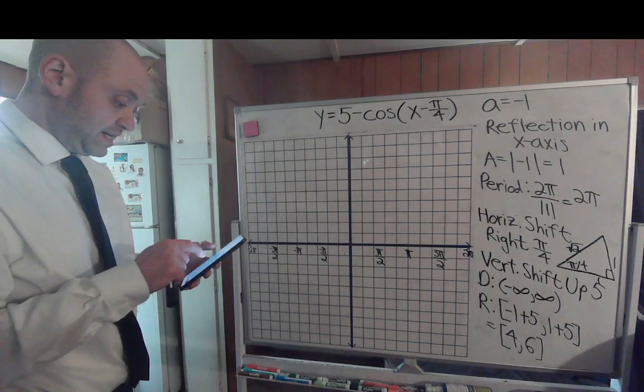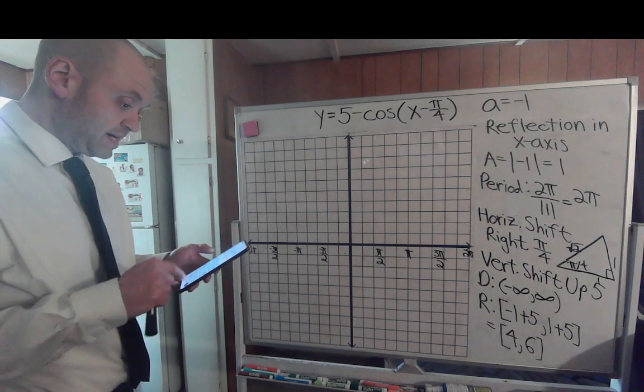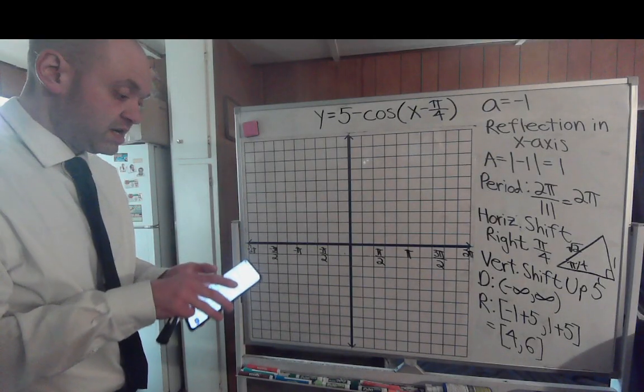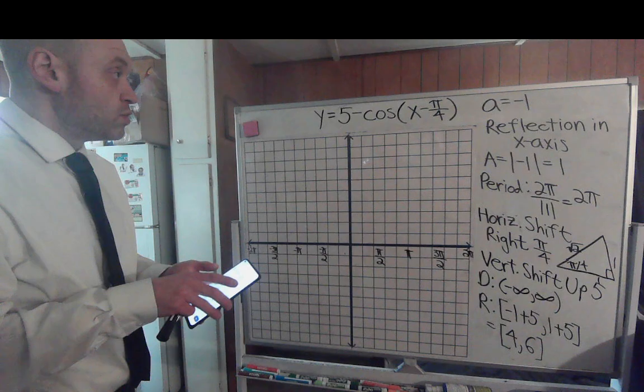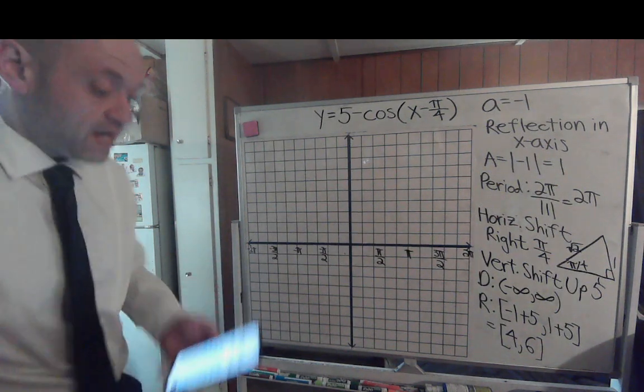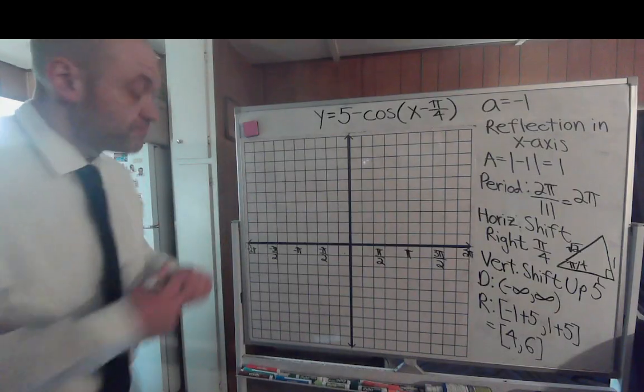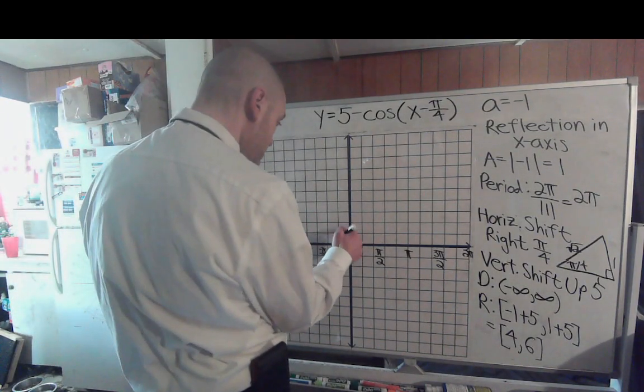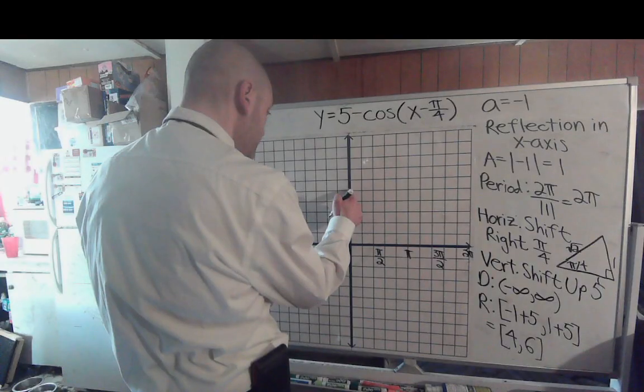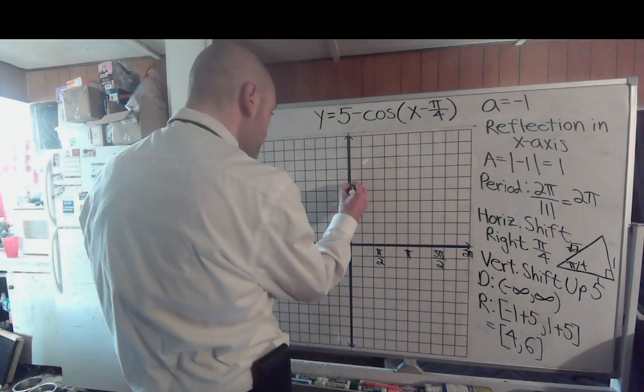What is the square root of 2 divided by 2 plus 5? That would actually put you at 5.71, roughly.